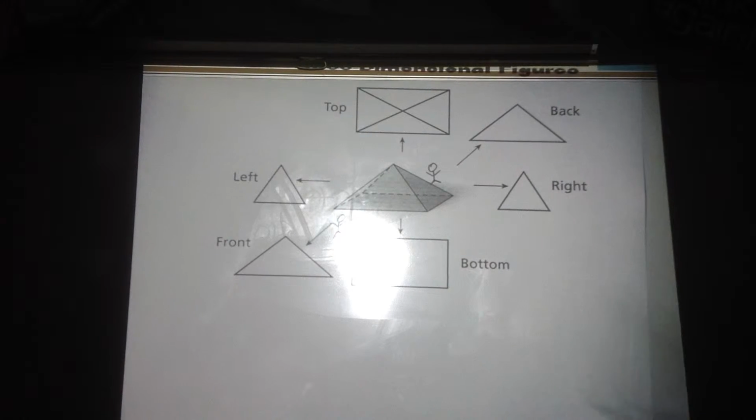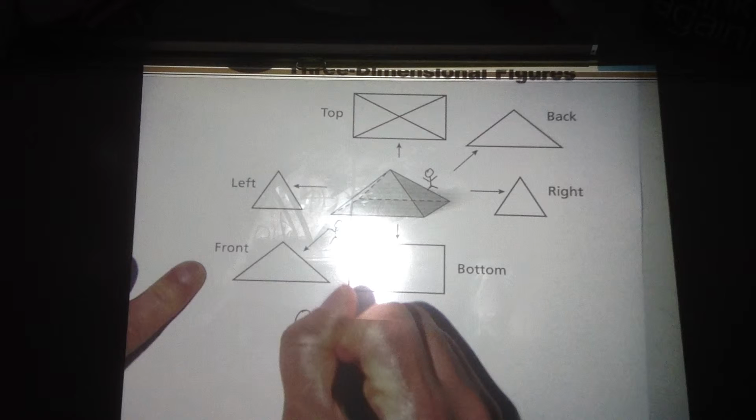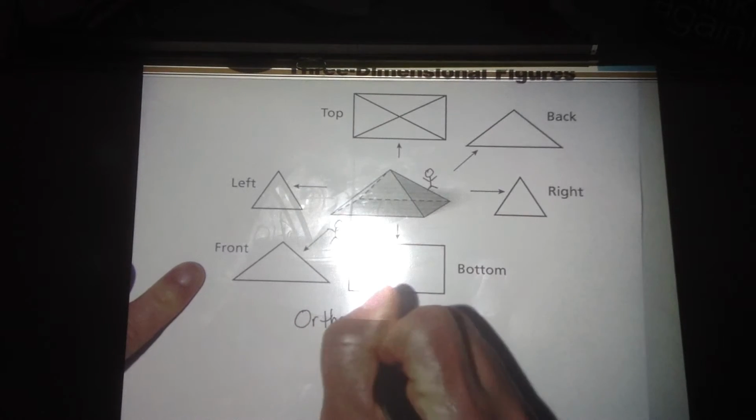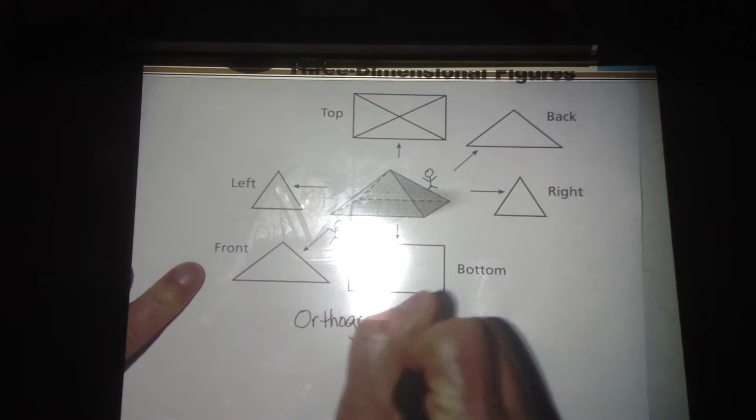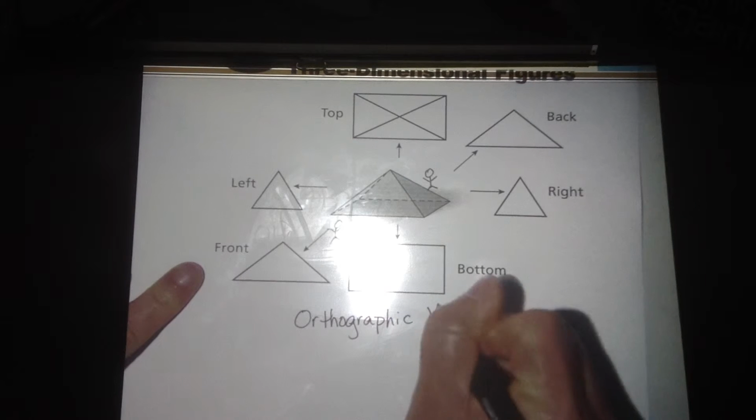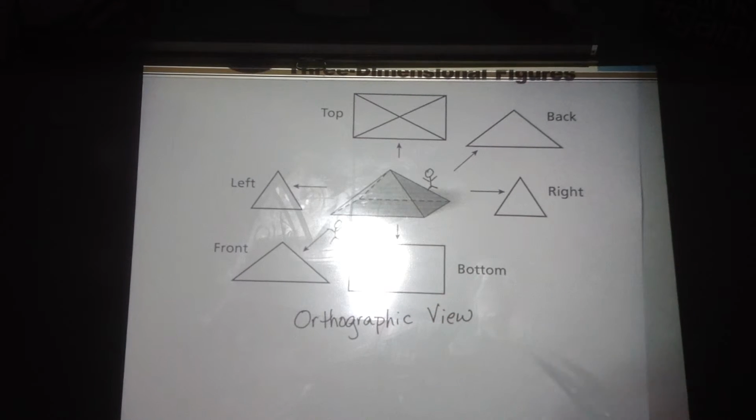Front or back, I have these 2 isosceles triangles. And then finally, the bottom of the shape is just a plain rectangle. And again, this is what's called an orthographic view. I'll spell that for you. And that's just where we break it all up into its parts.